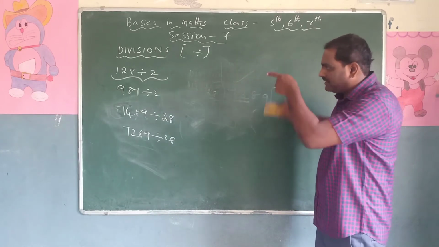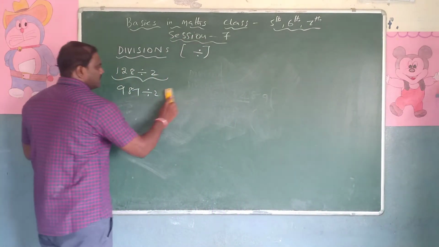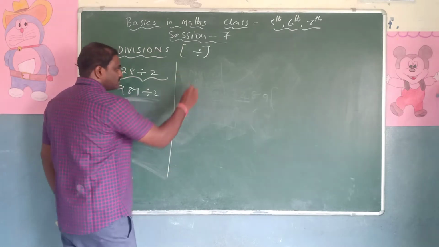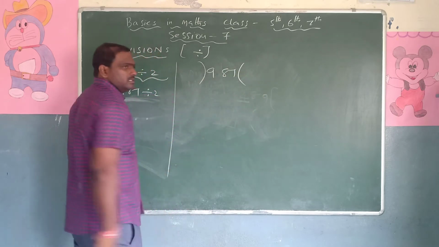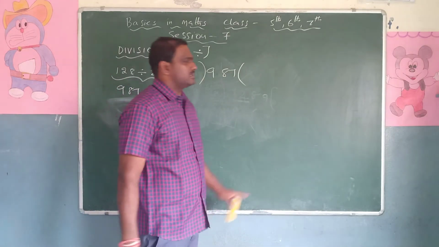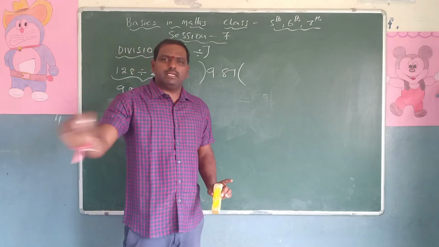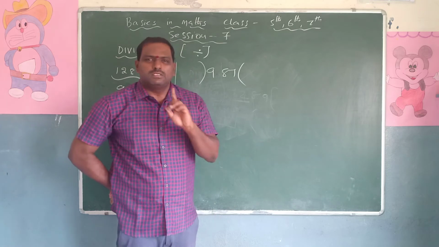Now I will go for the first division. So what is the first division? I start from this one: 987 divided by 2. Maximum of the students, when you are sending the homeworks, you are not at all doing the rough work. Whatever way I am doing, simply you are writing the answers and sending the photos to the master. It's not correct.